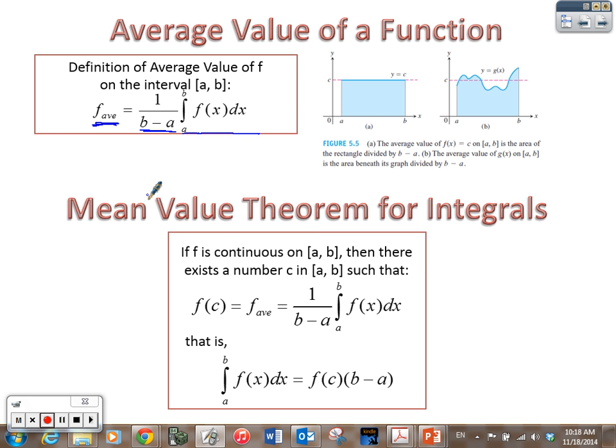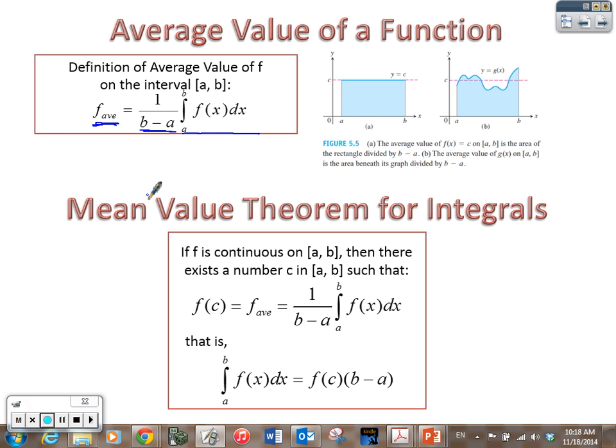Now let's look at the mean value theorem for integrals. We just talked about the mean value theorem for derivatives, right? It was the slope of the secant is equal to the slope of the tangent line at least one place, right? All right, so let's look at what we have for the integrals.